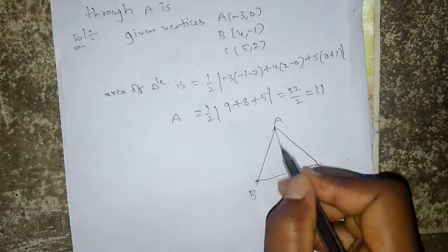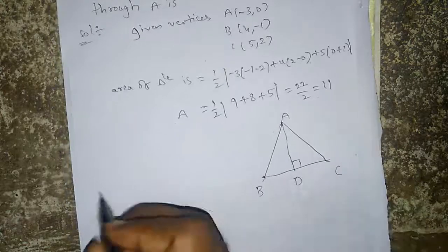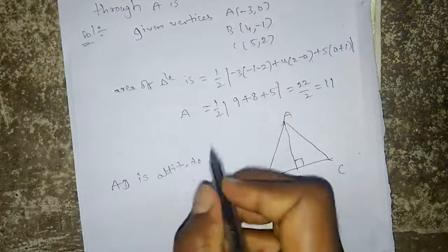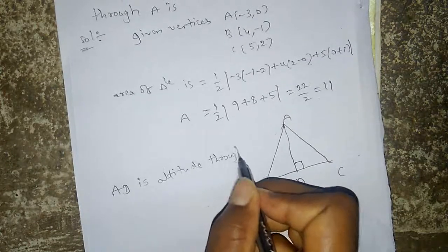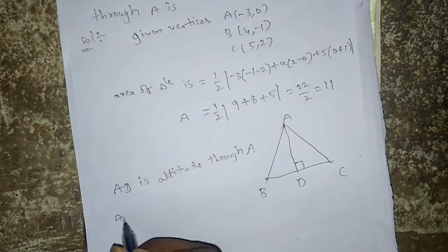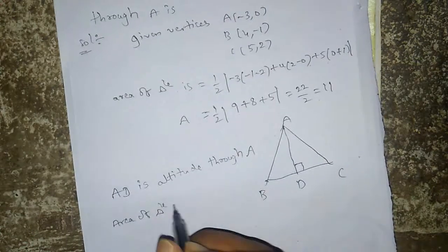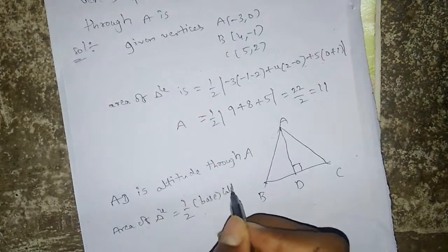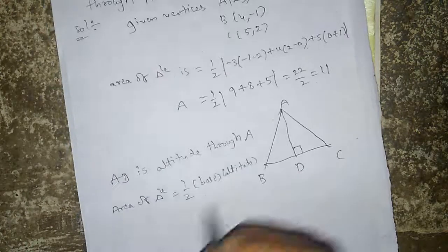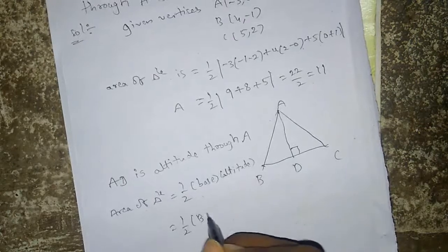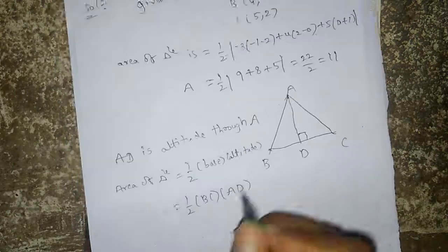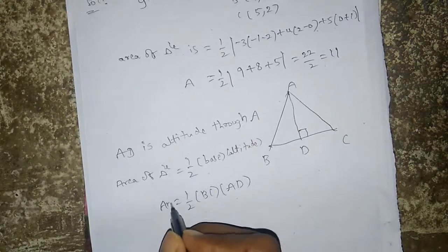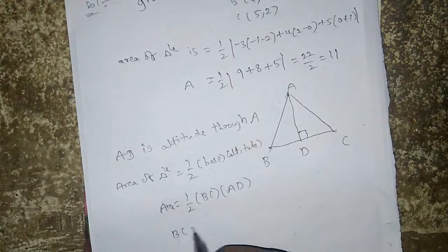ABC. Here AD is the altitude through A. Area of the triangle is equal to half into base into altitude. Half into, here base is BC, altitude is AD. That is area. Now let us find BC.